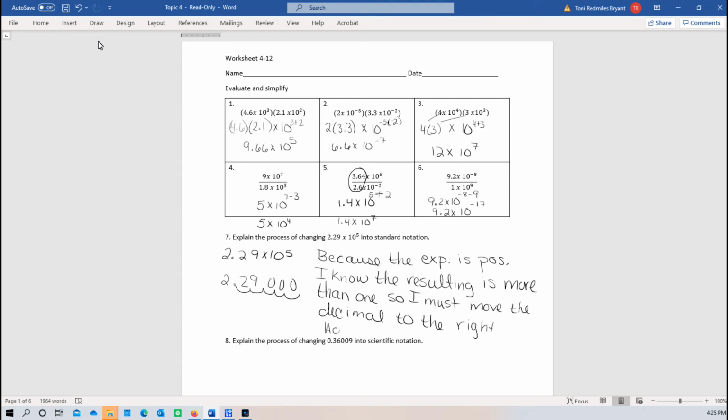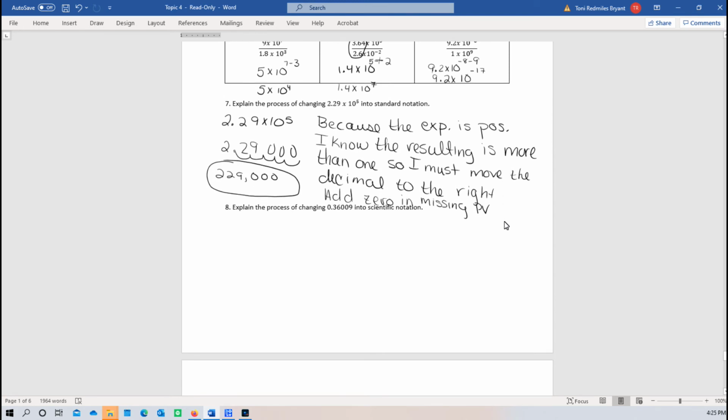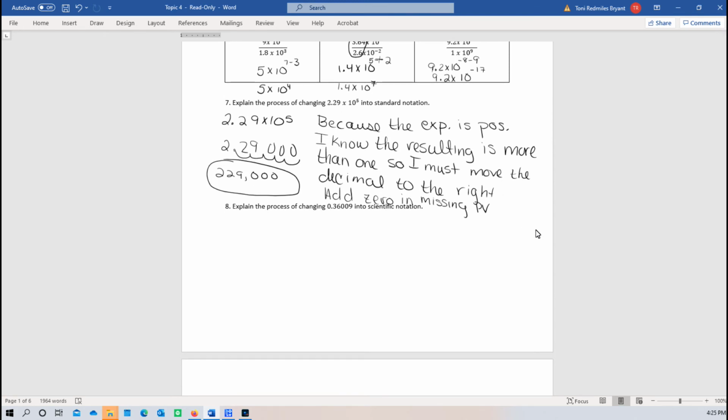Add zeros in missing place value. And that is going to give us, we already did this one in the last worksheet, 229,000. That's it.